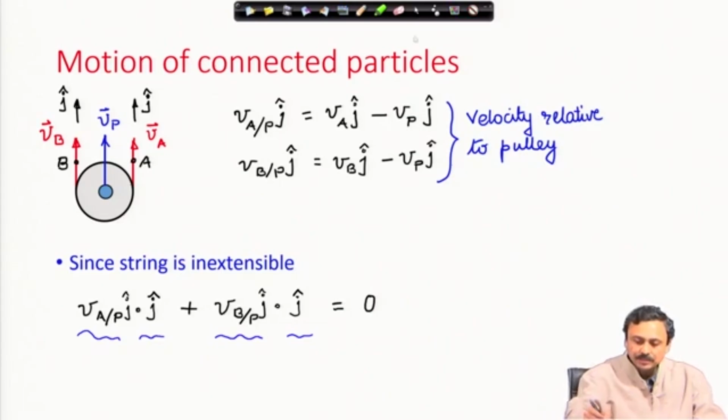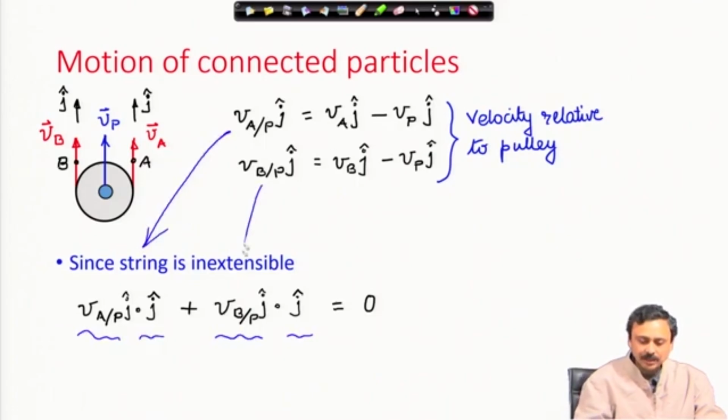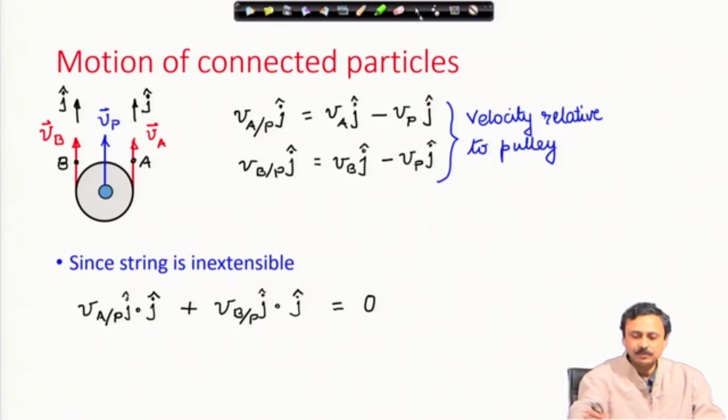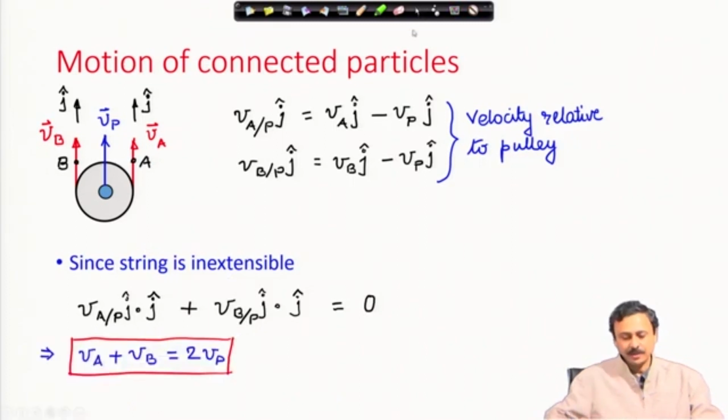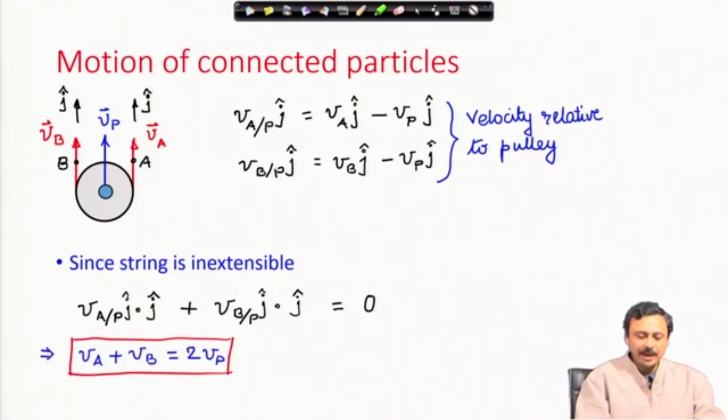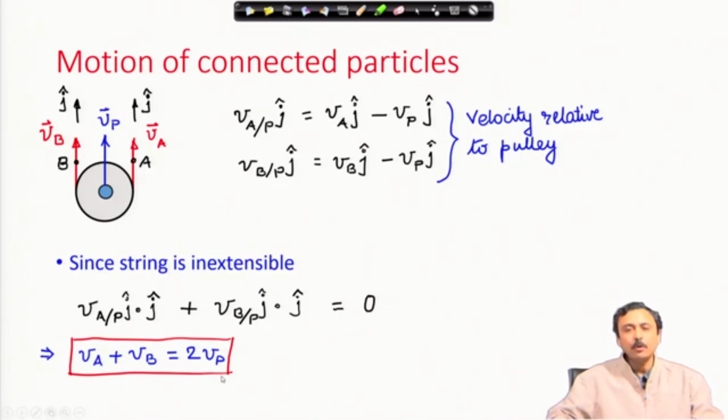If you substitute these expressions, then VA plus VB is 2 times the velocity of the pulley. The velocity of point A on the string plus the velocity of point B on the string equals 2 times the velocity of the pulley.